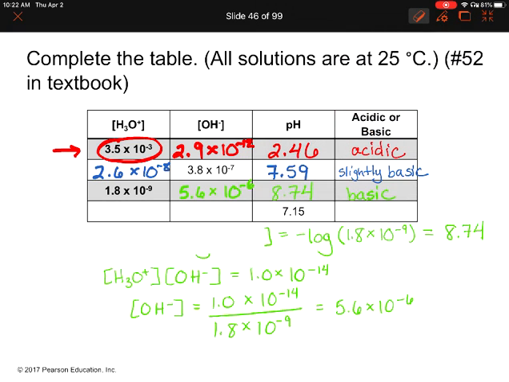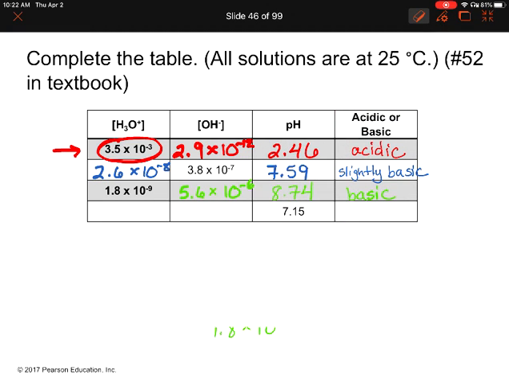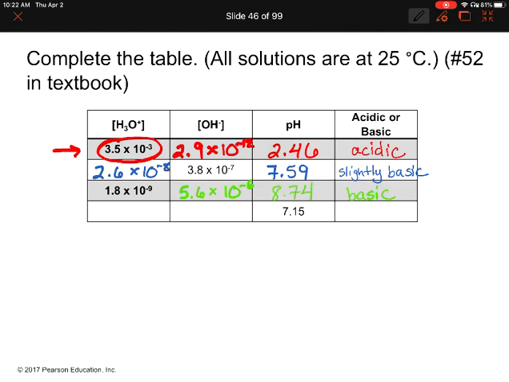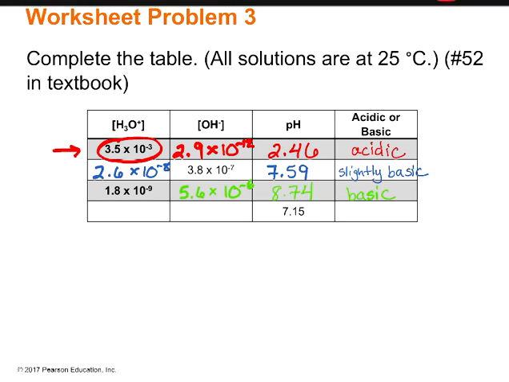And now for the last row. This one is a little bit different because we are given the pH, and we have to figure out the concentration of the hydronium ions and the concentration of the hydroxide ions. Now, there are a few different ways that we can figure this out.